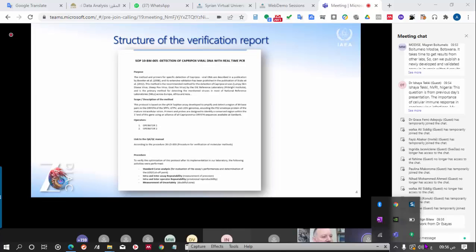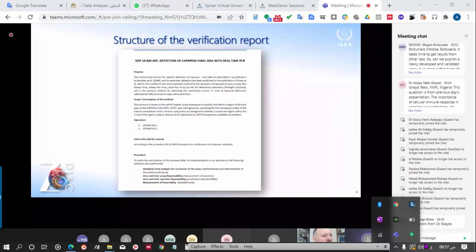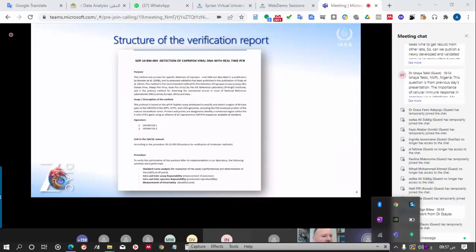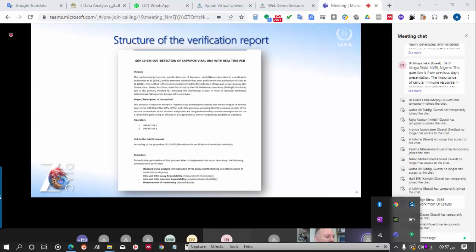It was done in collaboration with the IAEA, with one of the partner laboratories, using their own available materials during the training course. So, as I said, we structured a verification report, which I think might be helpful for laboratories intending to accredit methods, whichever methods. So just to give a practical example of how it should be written.